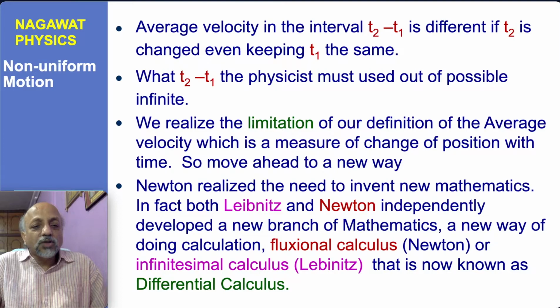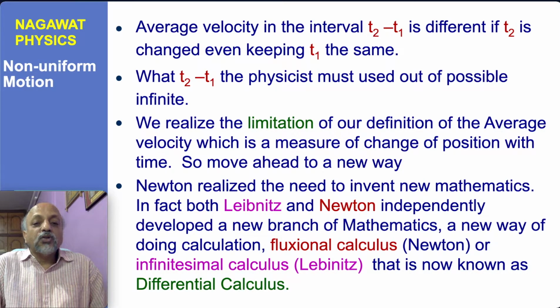Newton also realized this problem, and he noticed that the kind of mathematical knowledge available at that period of time was not suitable for describing motion in one dimension, or in three dimensions.